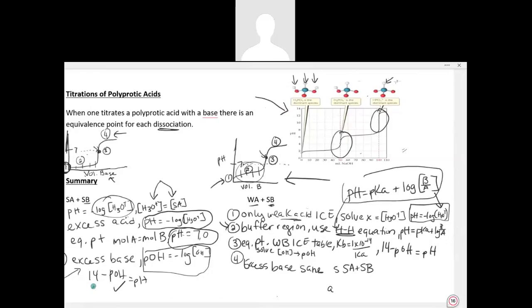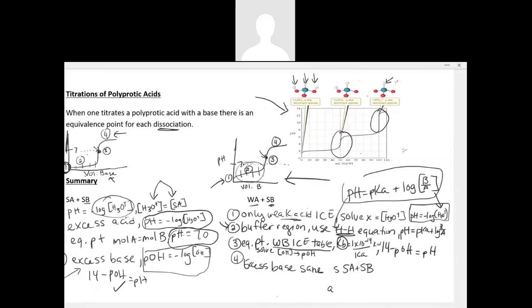When we get to region 3, the equivalence point, we need to use that special case with the weak base ICE table. If we're given a Ka, we solve for Kb using Kw; that's what's on top there. Kw divided by Ka gives us Kb.